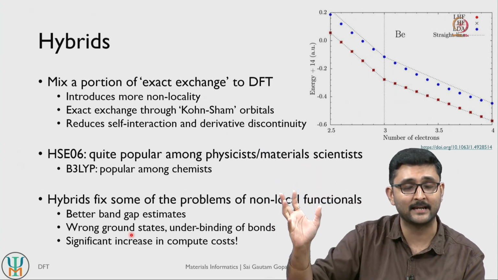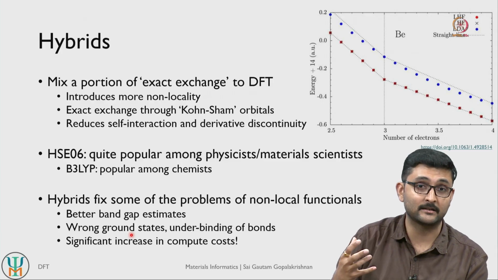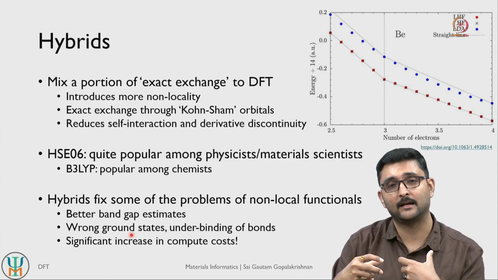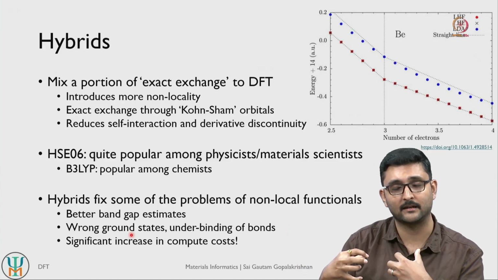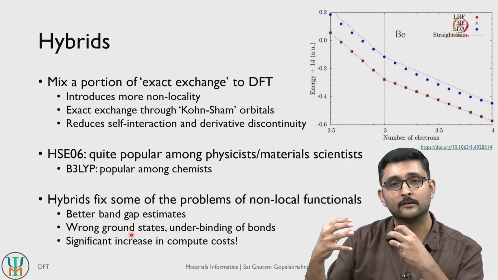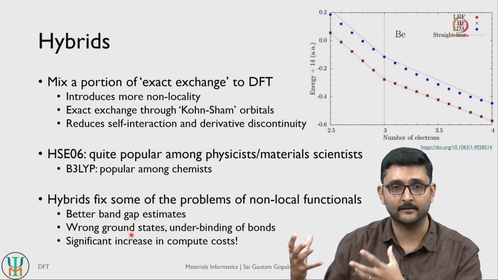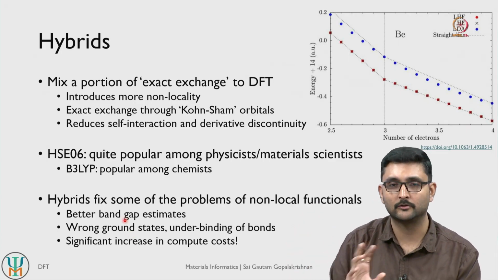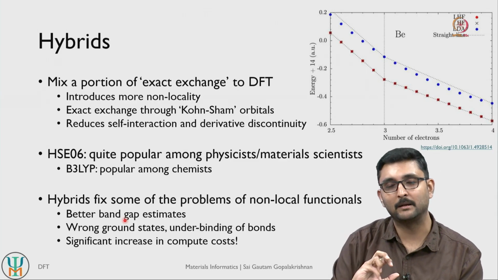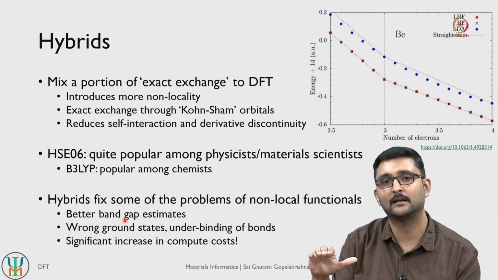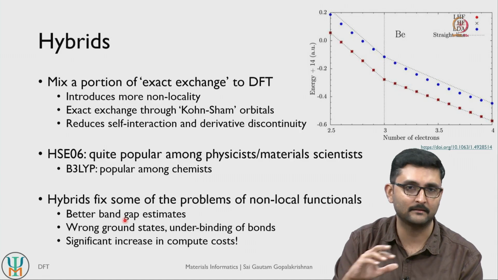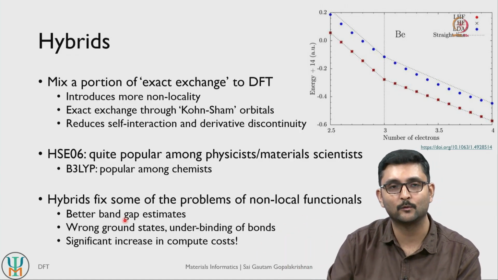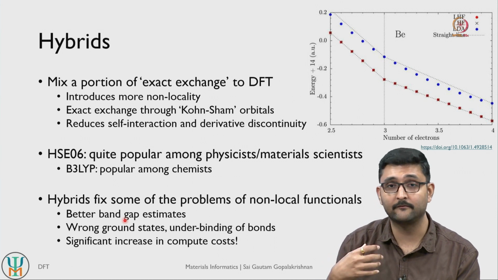So even if you only include some portion of this exact exchange in your calculation, your computational cost is going to increase significantly, right. So hybrid functionals fix some of the problems, but not all. They do give you better band gaps, but they can result in worse thermodynamics. They can result in bad geometries, so underbinding of bonds and so on, and they result in a significant computational cost.